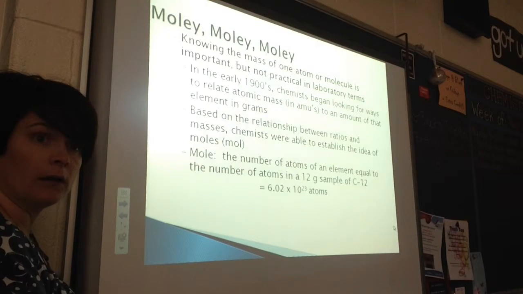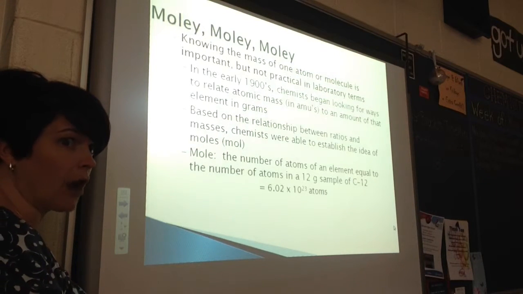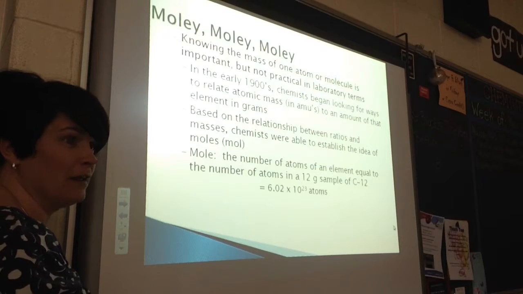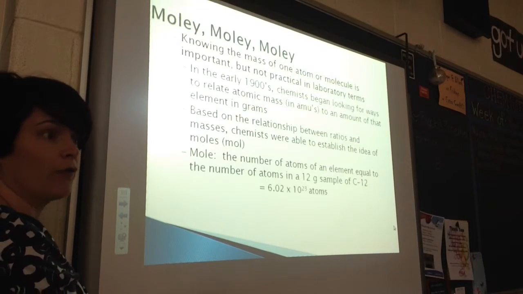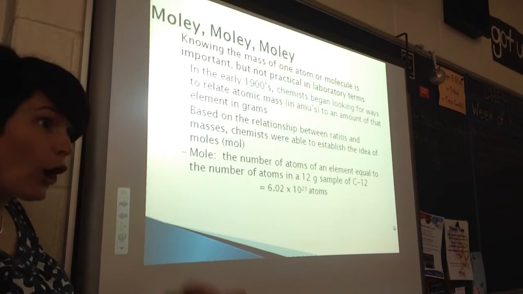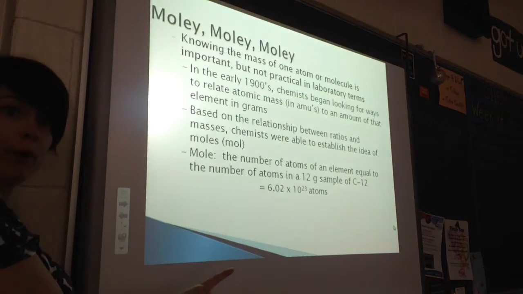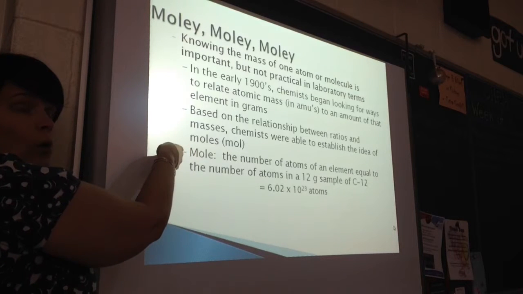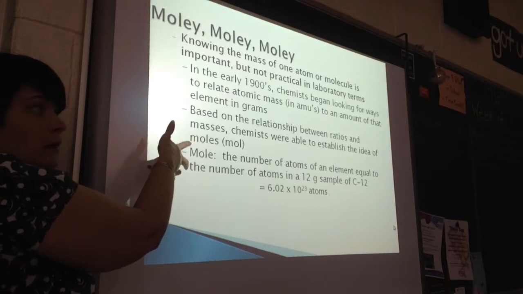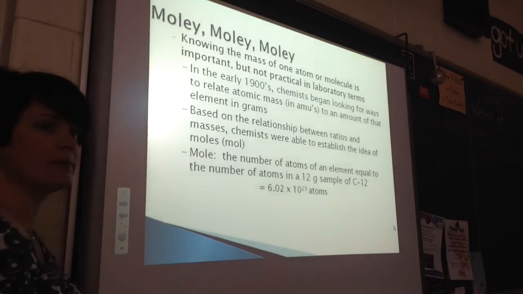Pi. Not pecan, not apple, not cherry. Pi is equal to what? 3.14. It is a word that equals a number. The word mole in science equals 6.02 times 10 to the 23rd.